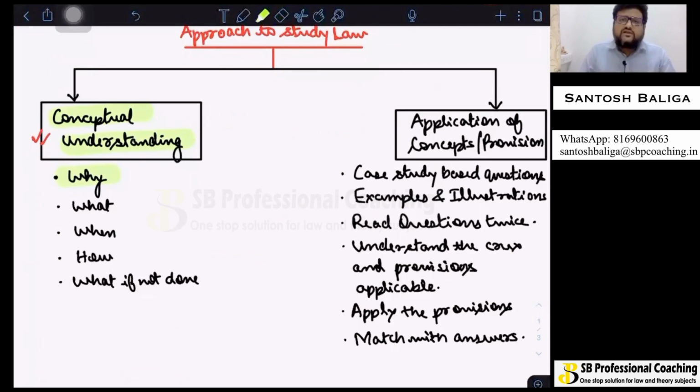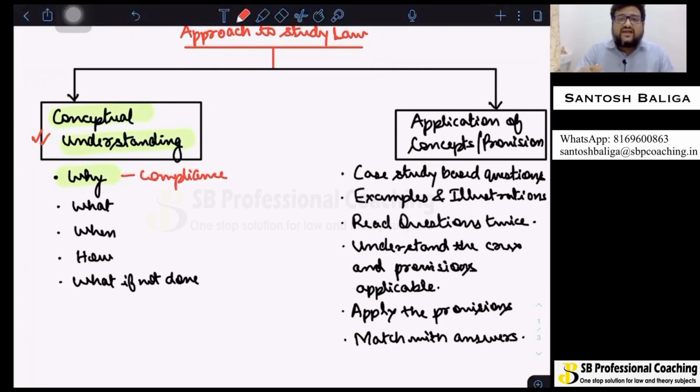Like, for example, many of the provisions in Companies Act just are there for compliance purposes. That is, the company needs to file a special resolution with the ROC within 30 days. This is a compliance provision. So why would that be?